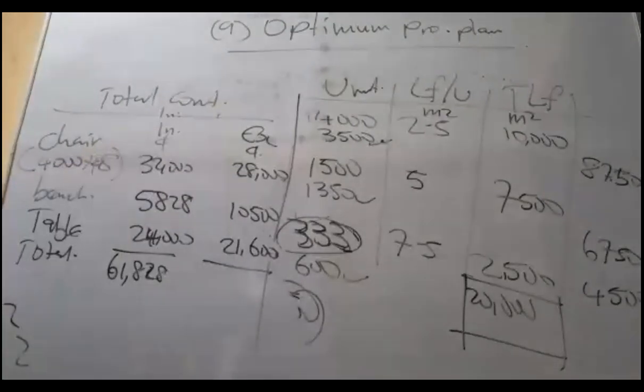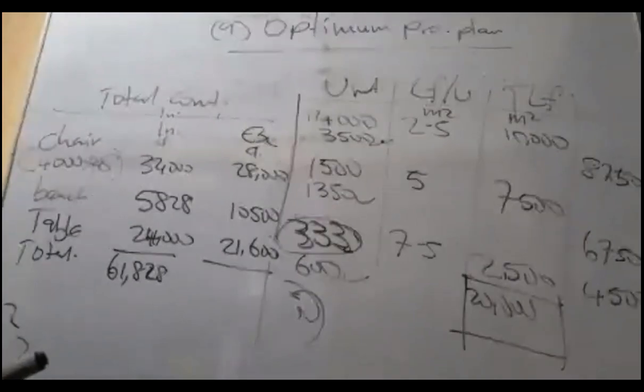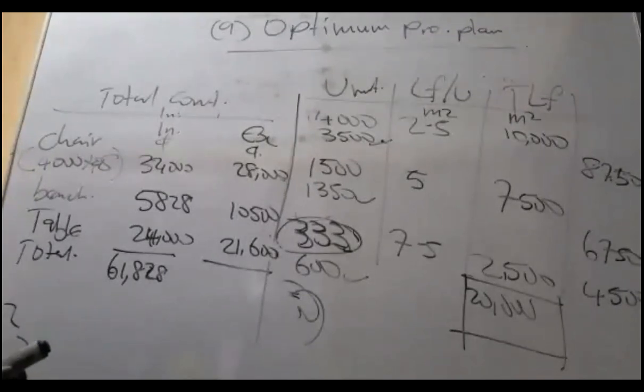Let's calculate the total contribution here. So 28,000, then 10,500, plus 21,600.